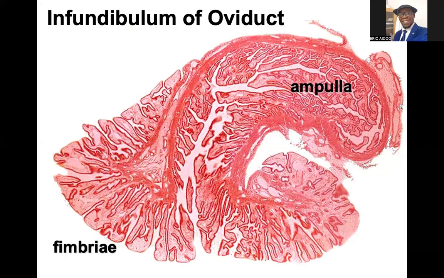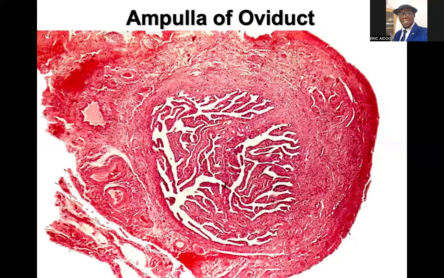Histologically, you find this to be the fimbrial portion with all these projections to capture the egg. Then you have these extending towards the ampullary region, as you can see there, with a very thin smooth muscle. In the ampullary region, you can see the projections into the lumen and also a thin lining of smooth muscle.